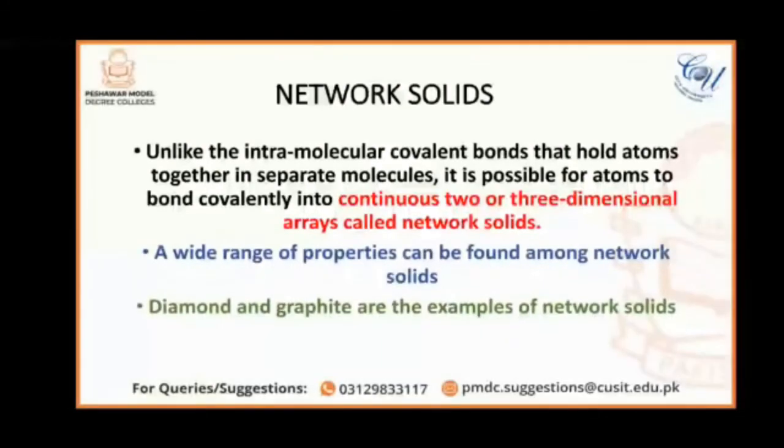In diamond, each carbon atom forms four single covalent bonds to four other carbon atoms. The four carbon atoms are in turn covalently bonded to four other carbon atoms, and so on. This bonding exists throughout the entire crystal. When all the atoms in a crystal are covalently bonded to one another throughout the whole crystal, the solids are termed network solids.